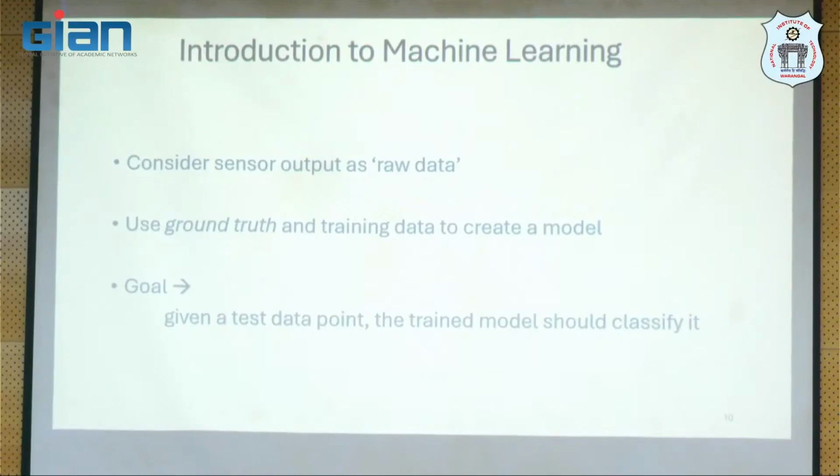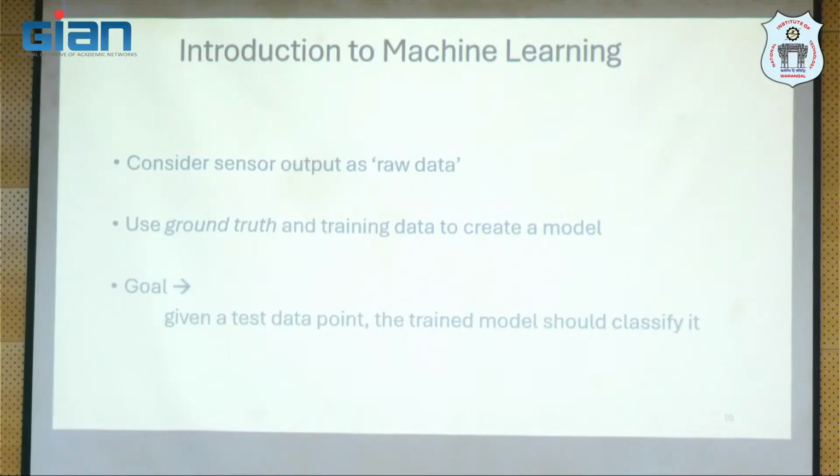Using the ground truth and this raw data, we can generate training data, and create an algorithm and a mathematical model using the training data and the ground truth. We can say that if this is the data I give you, this should be the expected output. So I feed that information into a black box.